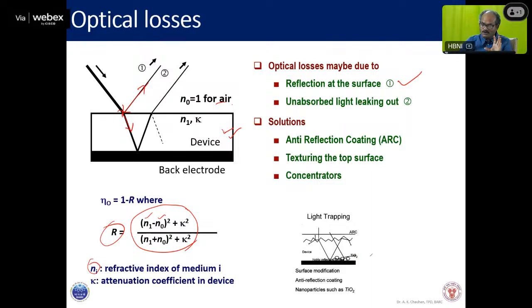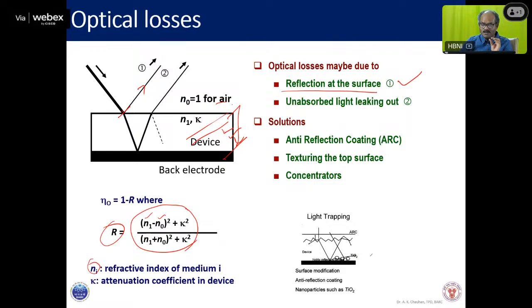Suppose 10% of your light is reflected. Now obviously the maximum efficiency your solar cell can have is 90%, because 10% is already lost. So one is reflection, and there is one more thing. Suppose this is your solar cell device, and the thickness of this device is small.